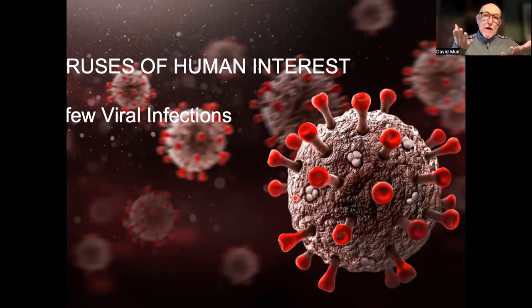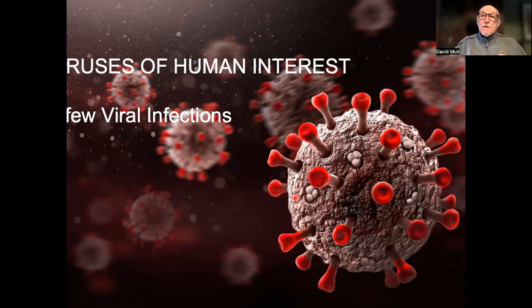The way in which we acquire viruses is usually through our face, in actual fact, either through the mouth or most commonly by breathing in droplets or by touching mucous membranes and infecting our eyes or the mouth or whatever. And that's not the only way that we can acquire viruses.